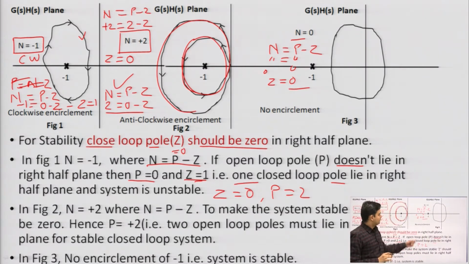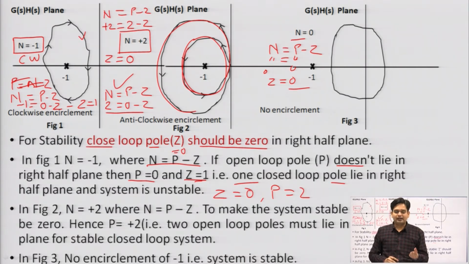We need to observe this point -1. If it is encircled, then we have to observe how many times. At the same point, we need to observe whether there is any right half plane pole, and if a right half plane pole is present, then we can estimate its stability. If it is absent, then we can directly say this would be an unstable system.